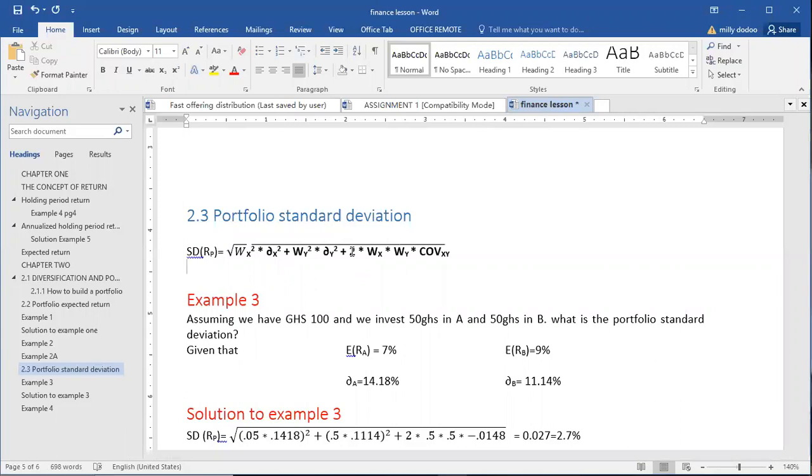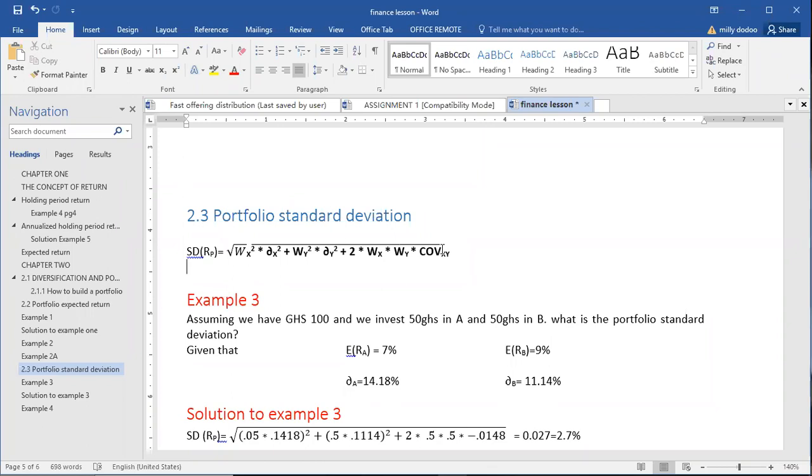Plus a constant 2 multiplied by the weight of x multiplied by the weight of y multiplied by the covariance. The COV here means covariance, the covariance between x and y. So at the end of the day, that is your standard deviation formula.